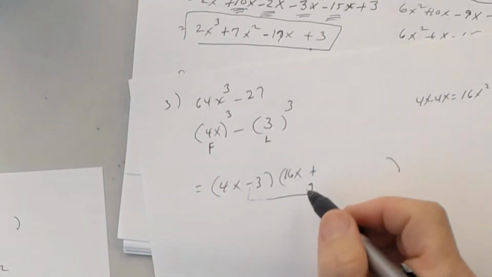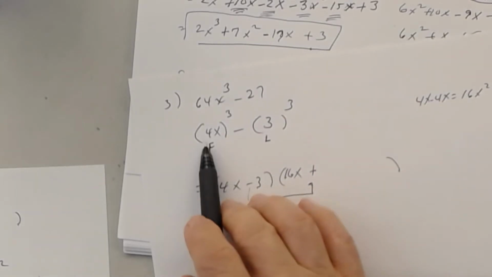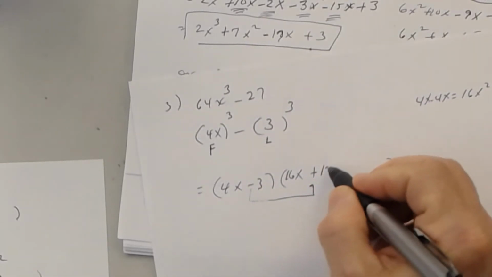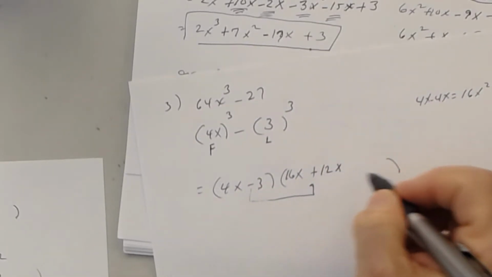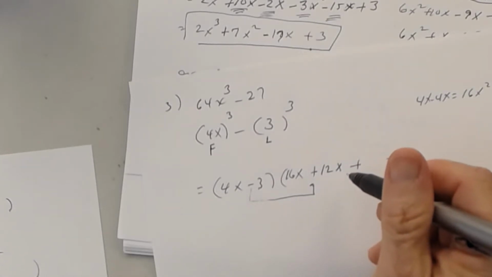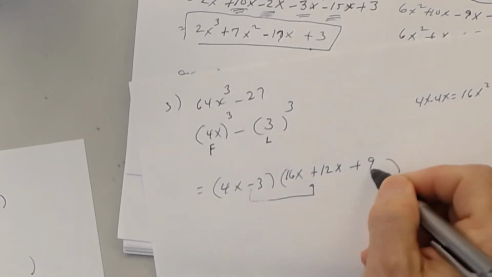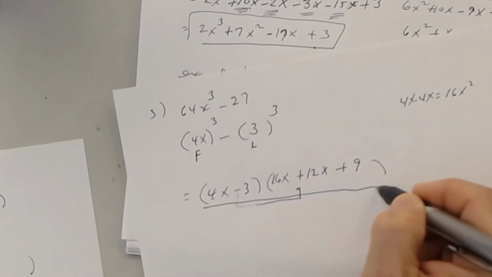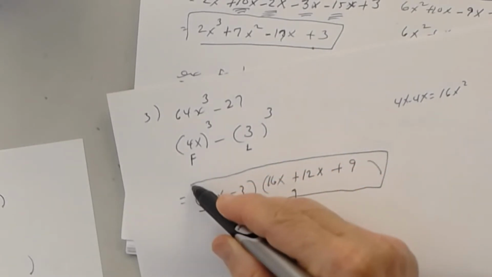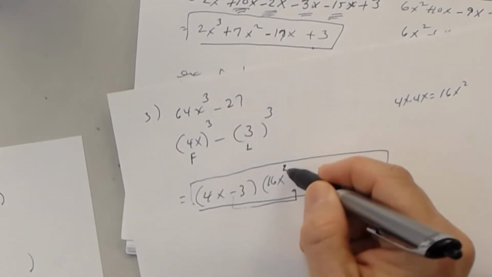Addition. F times L. What's 4x times 3? 12x. And then finally, plus L times itself. 3 times 3 is 9. So there's your answer. Yes, thank you. So 16x squared, right? Okay.